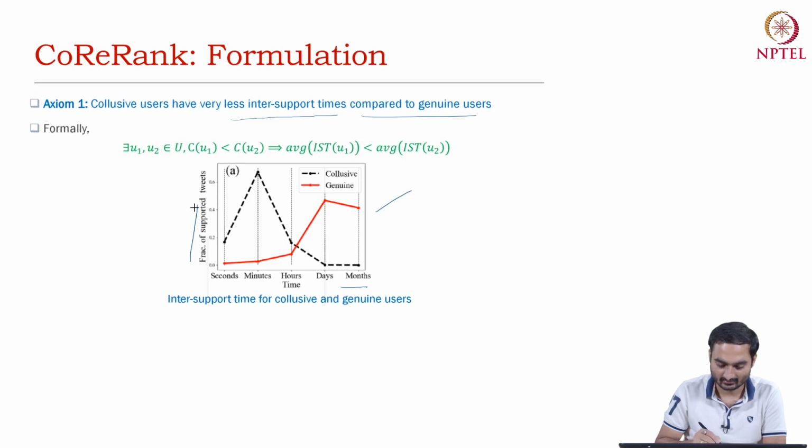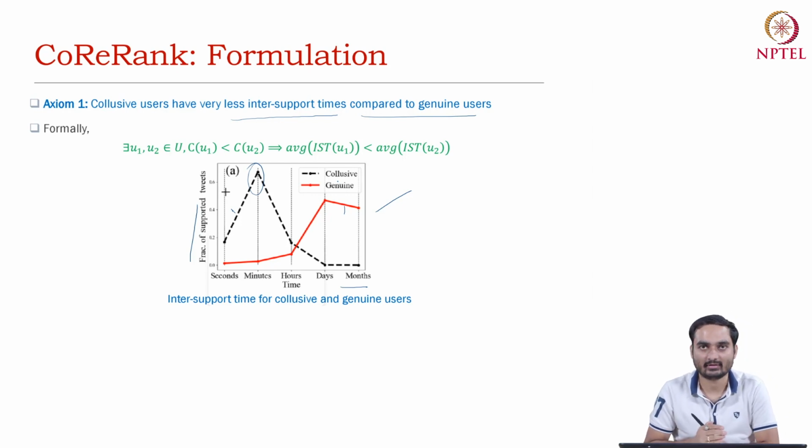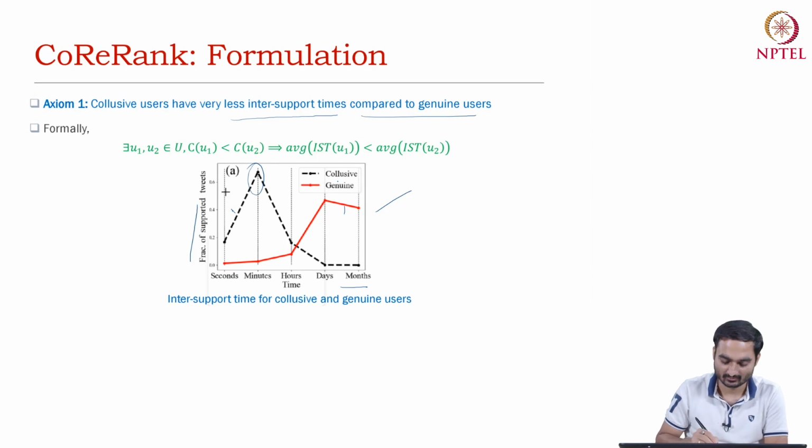The black line indicates the collusive behavior and the red line indicates the genuine behavior. You see that there is a peak for collusive users at the minute granularity. It means that the average inter-support time for collusive users is mostly in terms of minutes, whereas for genuine users the peak is at days and months. So this was the first axiom.